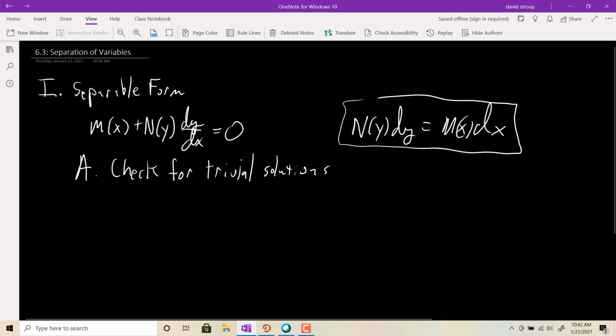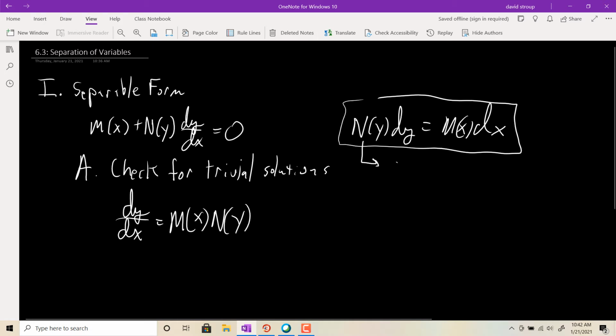In this kind of question, you're able to get the form dy over dx equals some function of x times some function of y. I know I'm using kind of the same variables, but you can see it here.